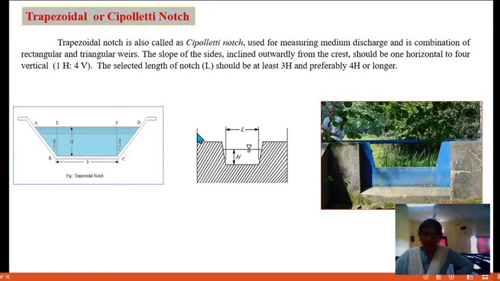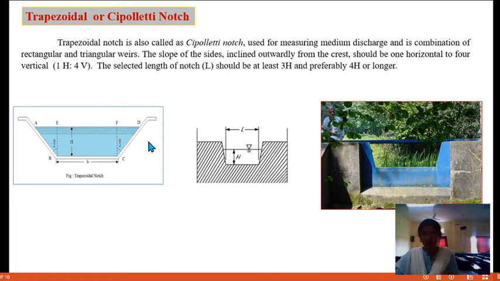The main advantage of the trapezoidal notch is that, by having the extra portion of the triangular notch, it passes more discharge when compared to the rectangular or triangular notch alone.